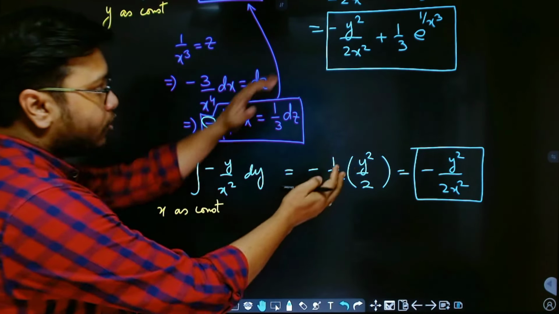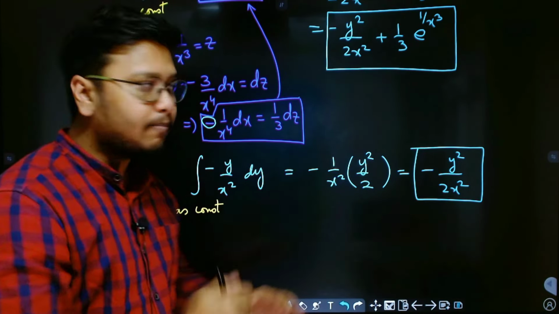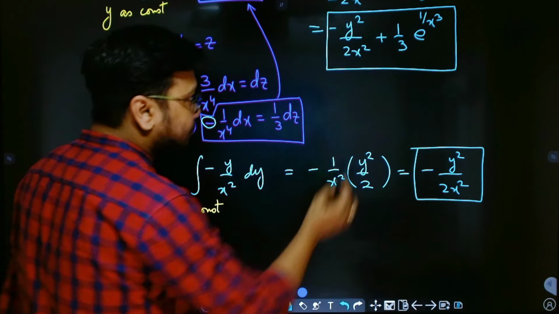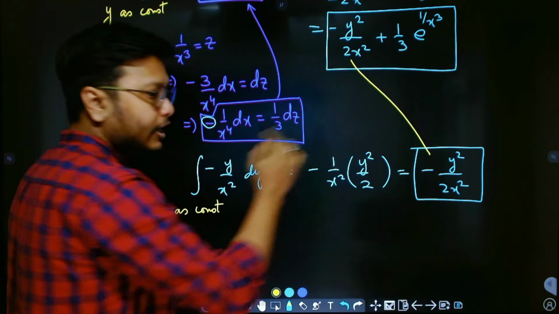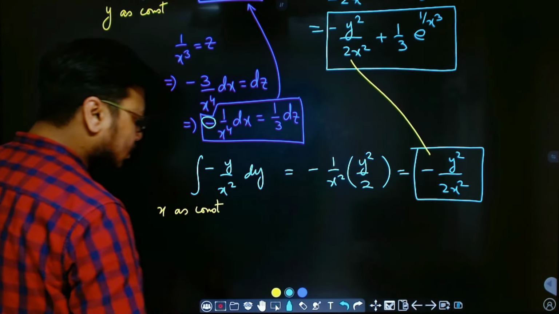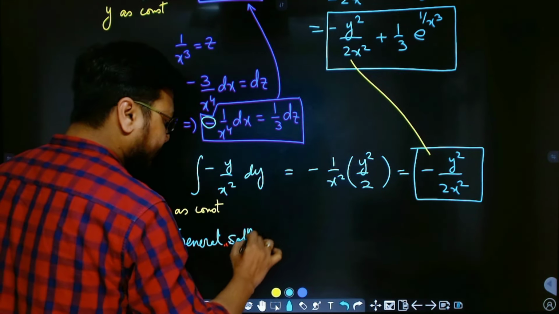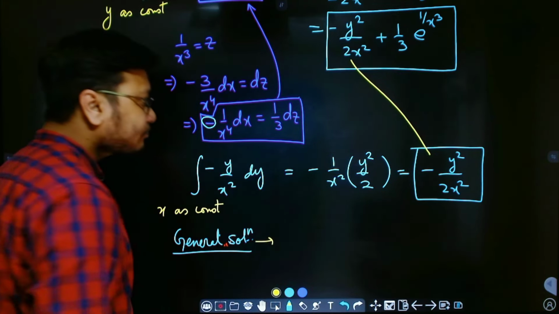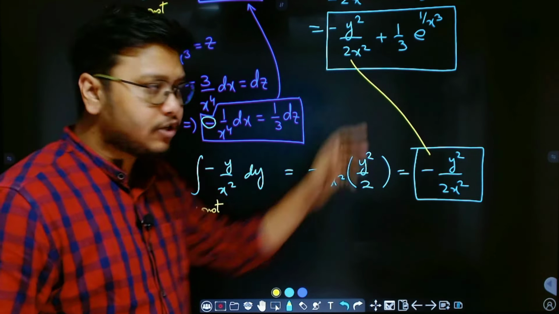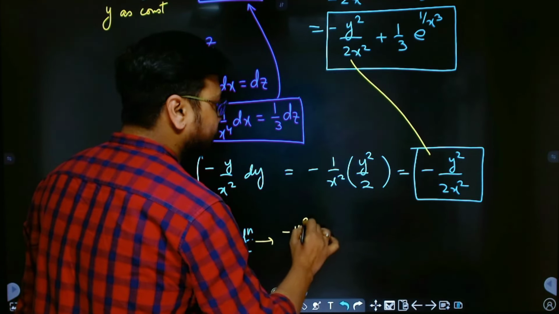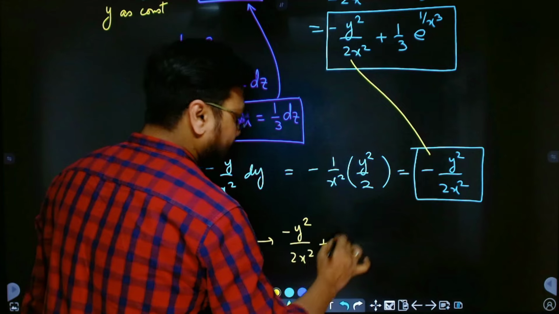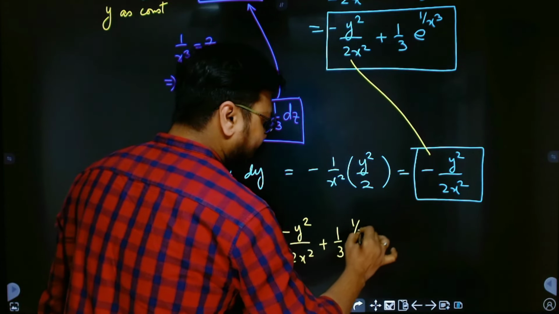Okay, so now I'm going to combine these two and get my general solution, and I can observe that these two terms are actually the same. So the general solution is given by the value from the first integration, which is minus y square upon 2x square plus 1/3 e to the power 1 by x cube.